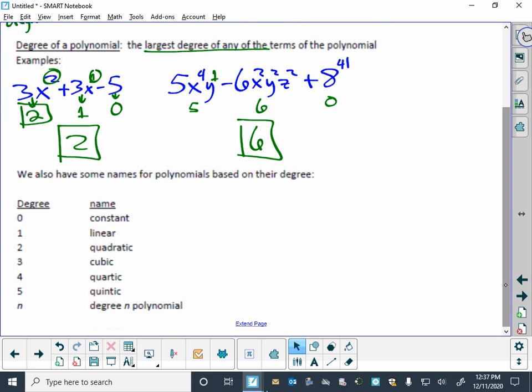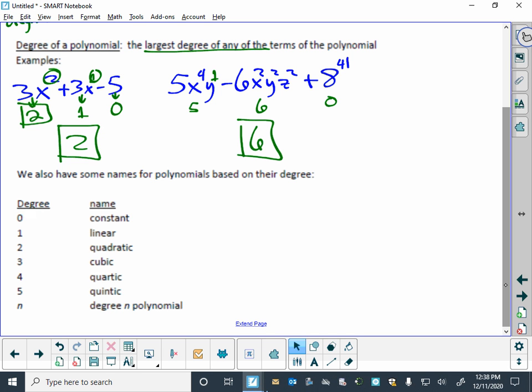So now that we've established what degree is, we also have a conversation about naming polynomials by their degree. So we can name them by the number of terms that they have, and we can name them by their degree. If the degree is 0, like we saw in several cases, that's what we call a constant. We talked about the constant term in the quadratic chapter quite a bit.